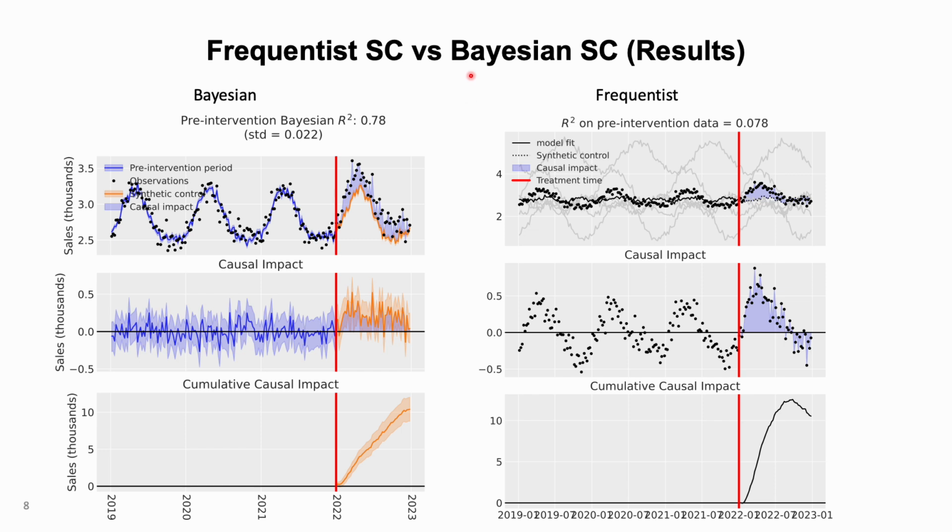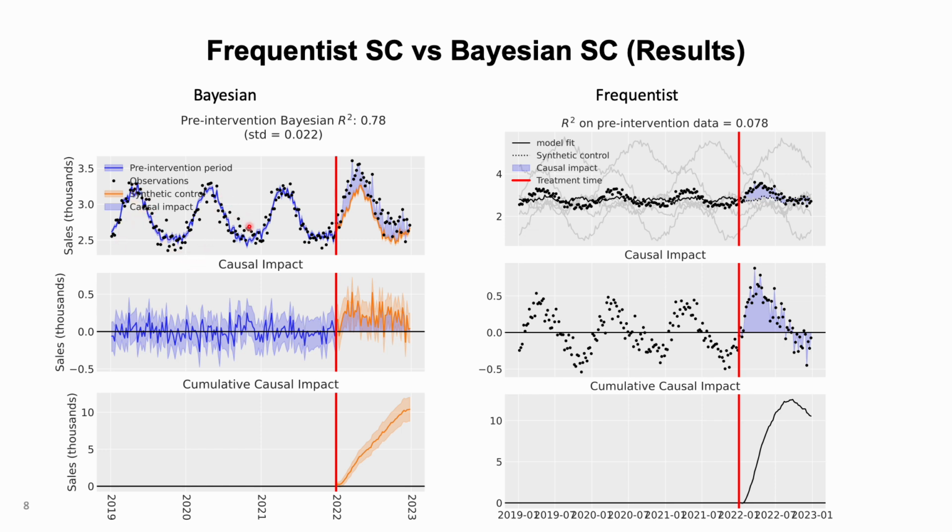Here, we specifically compared the results from frequentist synthetic control and Bayesian synthetic control. The left figure shows results from Bayesian modeling. In the first row, the observation data are represented by the blue dots, and the trend in the pre-intervention time is depicted by the blue color.